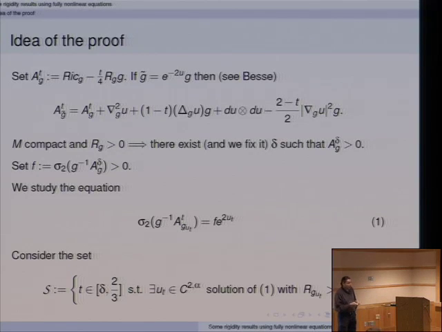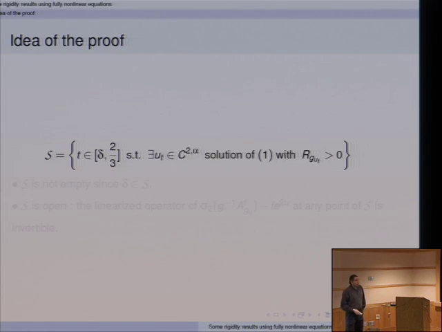Okay, so this is our set S. So the idea is to use a continuity method. It's very easy to see that S is not empty because delta, of course, is in S, because when t is equal to delta, u_t equals 0 is a solution of the equation.